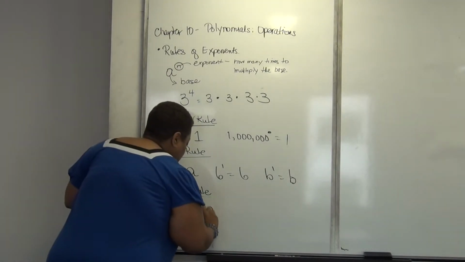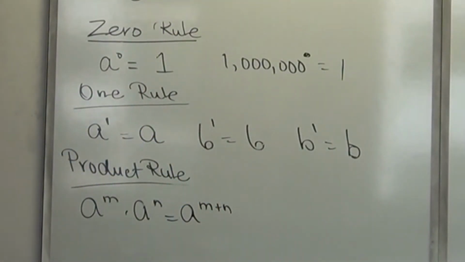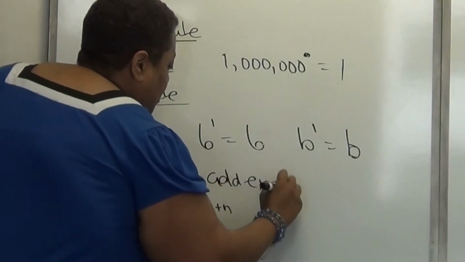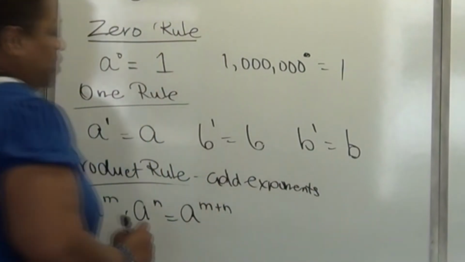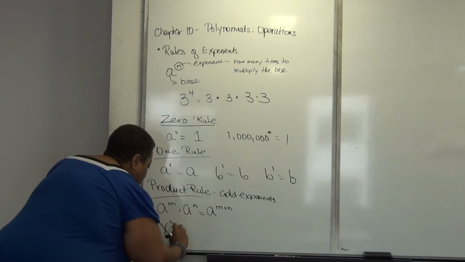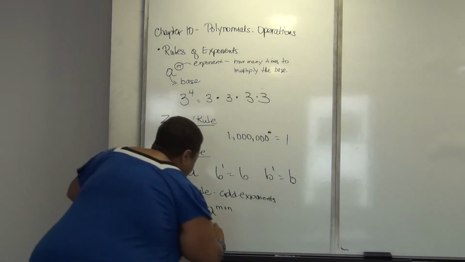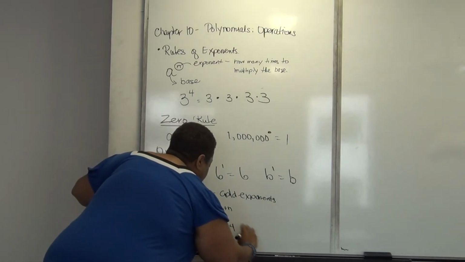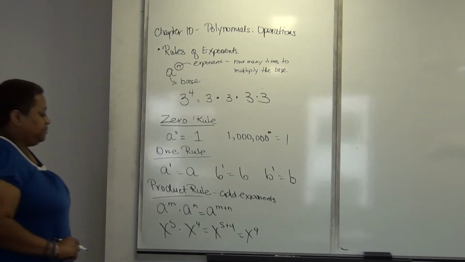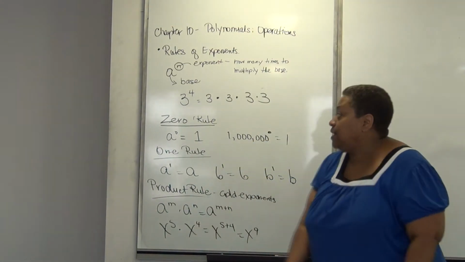The rule says we add exponents when we multiply. So x to the 5th times x to the 4th would just be x to the 5 plus 4, which is x to the 9. Okay? So whenever we multiply, we add exponents.